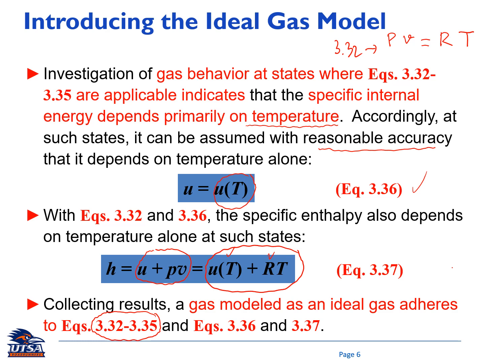So we have four different appearances for the equation of state, plus two equations representing internal energy as a function of temperature only, and enthalpy, equation 3.37, as a function of temperature only as well.